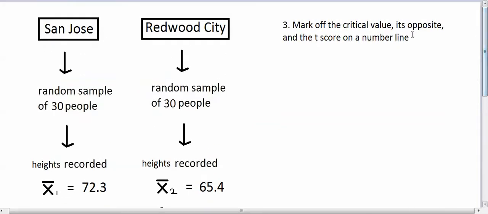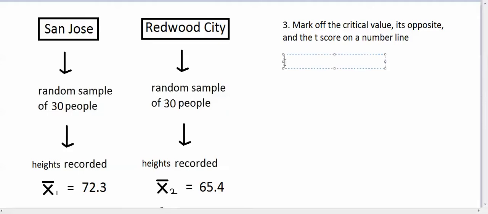Right here, we know that our sample size is 30, and right here we know our sample size is 30. So what we're going to actually have to use is a formula called df, or degrees of freedom, which is 1 less than the sample size.